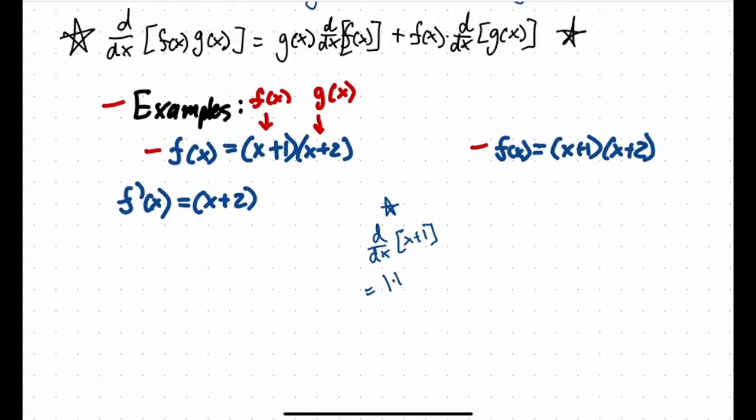So the derivative of x is just 1. And the derivative of 1, consider that 1 times x to the 0. So that 0 comes down and gets multiplied by 0 times x to the negative 1. Anything times 0 is 0. So it's 1 plus 0, or just 1. So there we go, that derivative of f of x is just equal to 1.